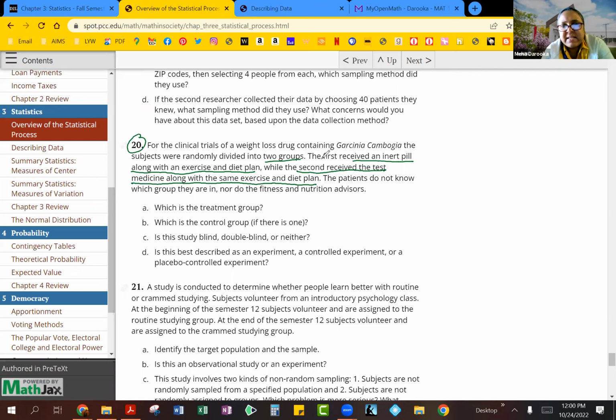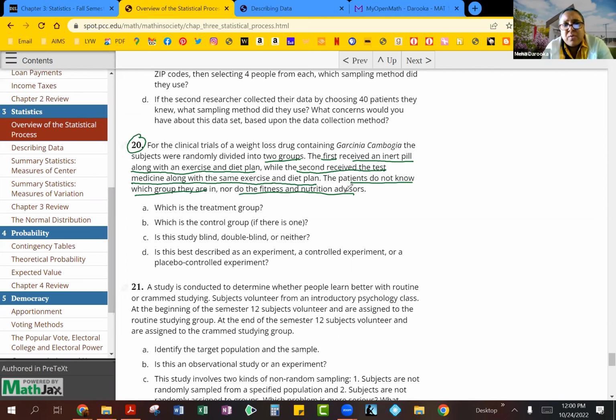So basically, they're telling us the first group received the placebo pill. The second one actually received the drug they were testing, and the same exercise and diet plan. The patients do not know which group they are in, nor do the fitness and nutrition advisors.